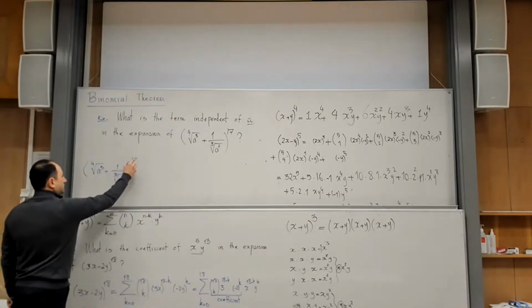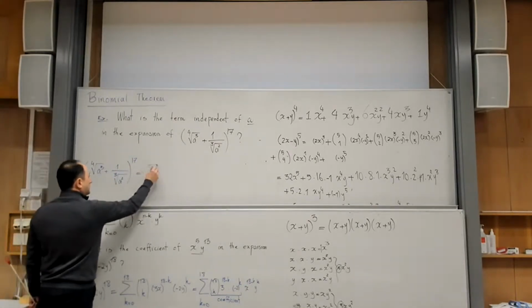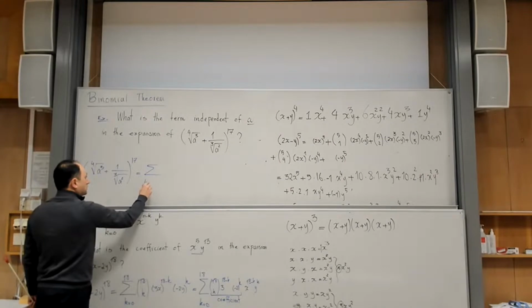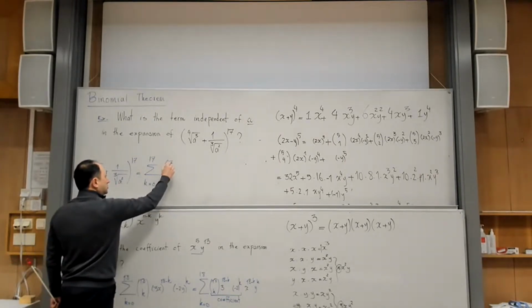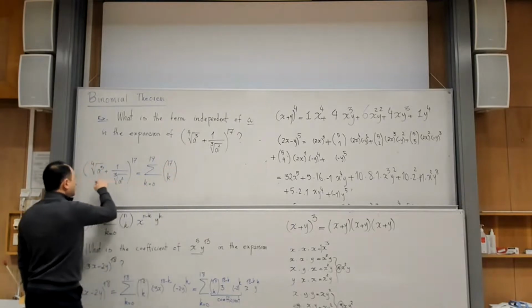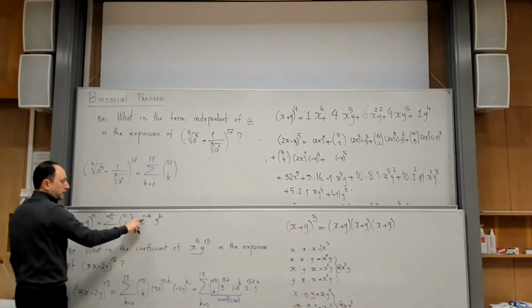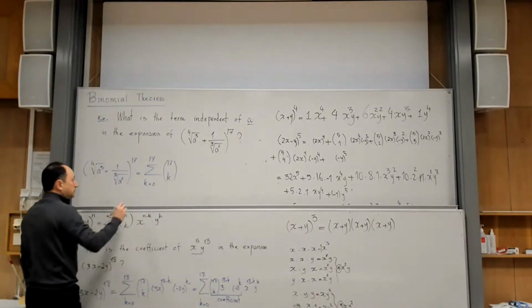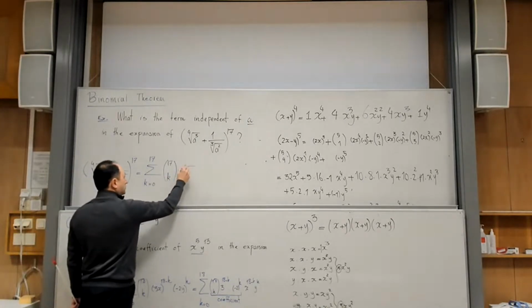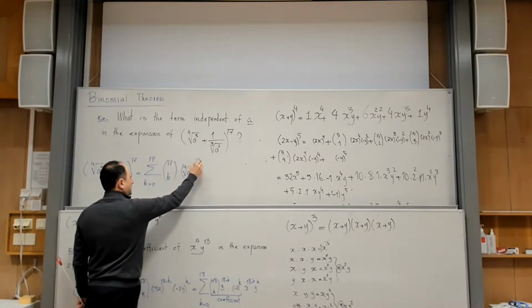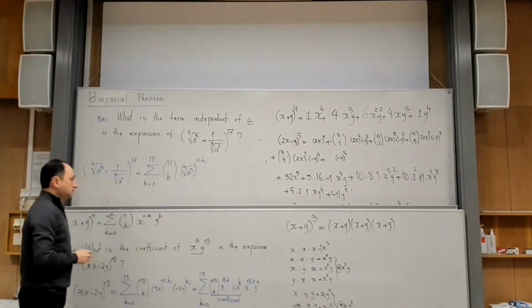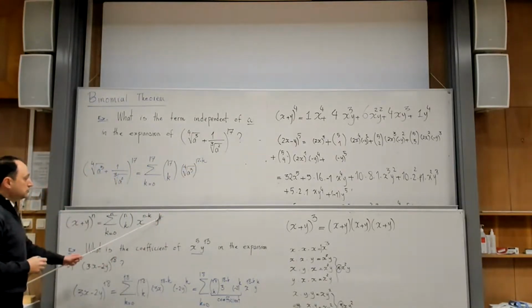To the power of 17, this becomes sigma, k goes from 0 to 17, and then you have 17 choose k. The first term to the power of n minus k, so the first term is the fourth root of a cubed to the power of 17 minus k, and then multiplied by the second term to power k.